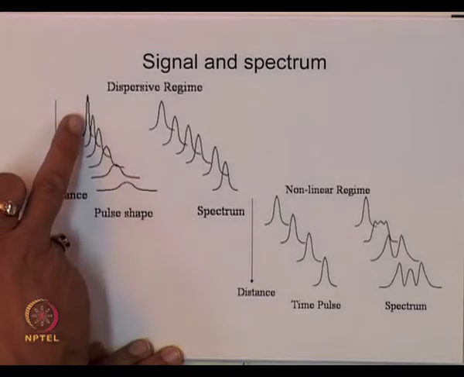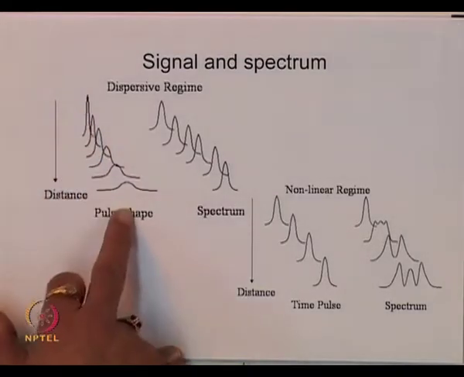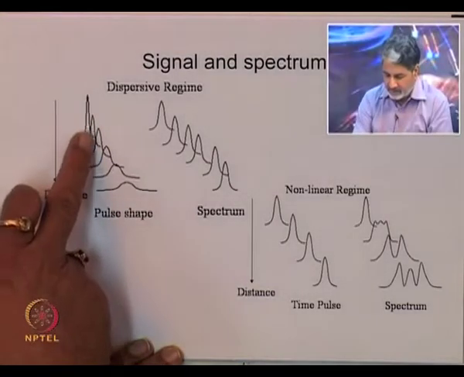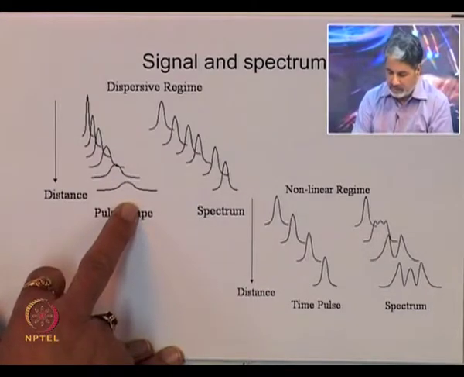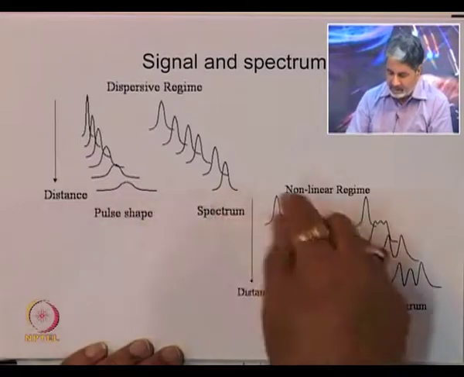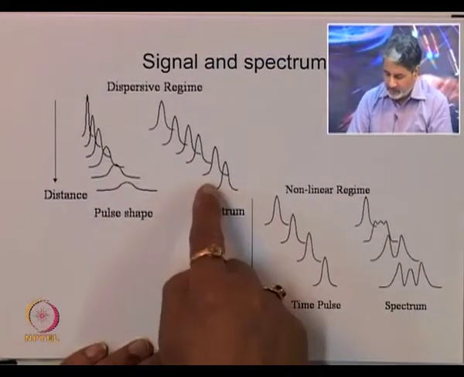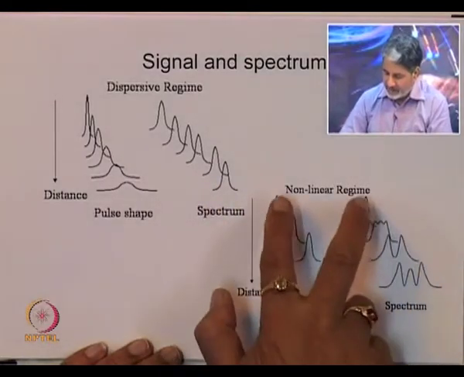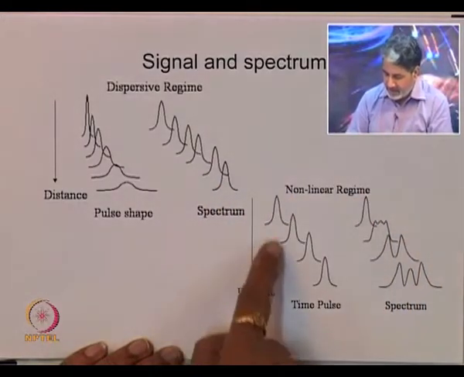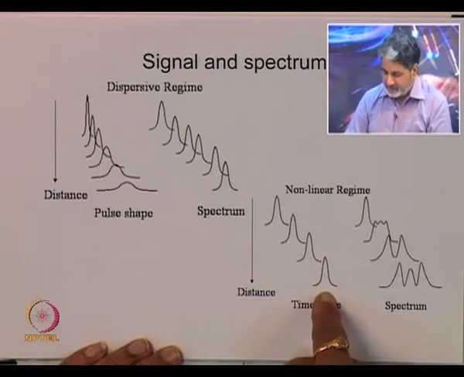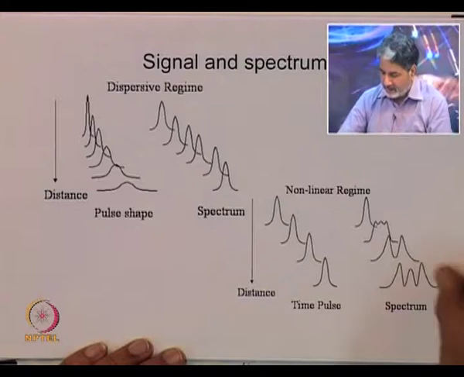You have a time pulse, and as the distance on the optical fiber increases, the pulse goes on expanding, it broadens, but the spectrum remains exactly the same. On the contrary, when we are in the nonlinear regime, the time function remains constant, the pulse shape does not change, but the spectrum goes on expanding, or new frequencies go on getting generated.